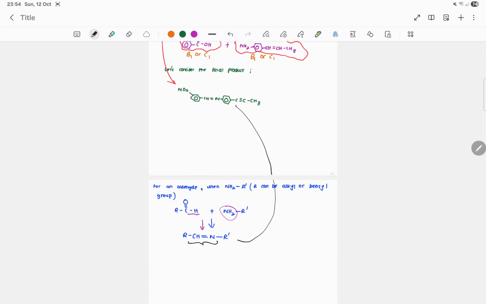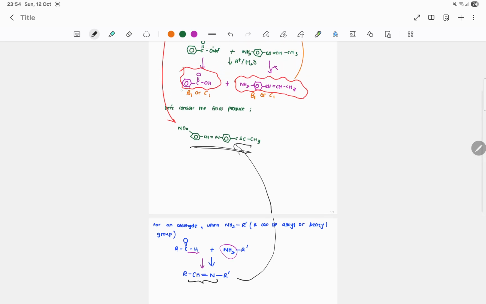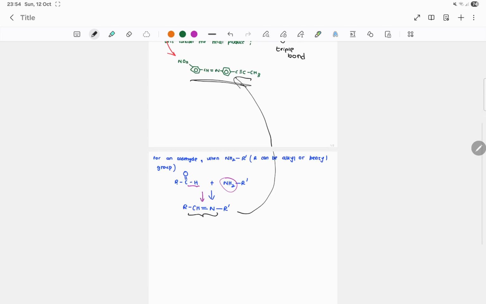To get this compound, I need to make this guy an aldehyde, and in this part I just want to make that double bond a triple bond. So the difference that we have to make is to make the double bond a triple bond, and here I have to convert it to an aldehyde.